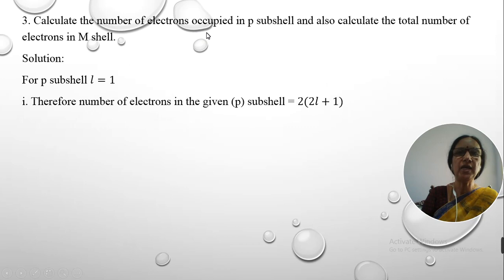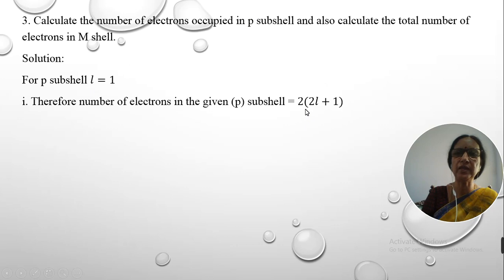So the l value for p: we have to decide the l value, because l can take the values 0, 1, 2, 3 up to n minus 1. 0 corresponds to s, 1 corresponds to p, 2 corresponds to d. In that fashion, we have to select the value of l for a given subshell. Okay, so as it is p, you can write l is this one.